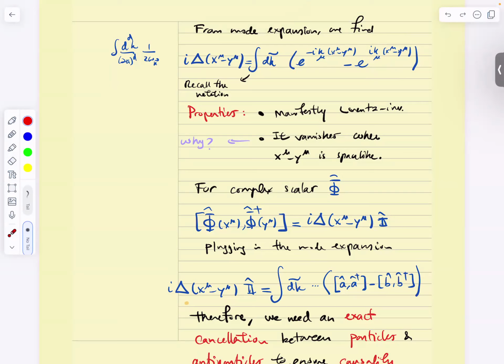It's a one-liner argument. Phi of x, phi of y, space-like. Why does this expression vanish?